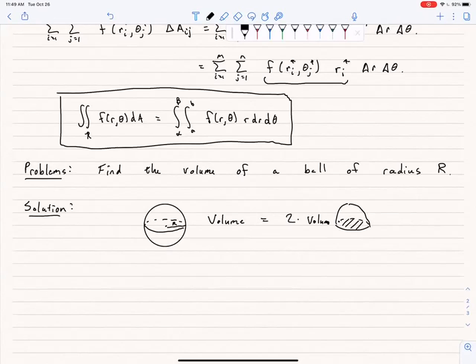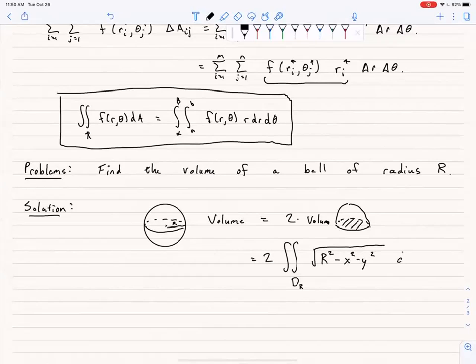The upper half ball is a region trapped between a function and the xy plane. So this is equal to 2 times the double integral over this disk of radius r, call it D sub r, of the function, which is essentially the function for the sphere, it's the square root of r squared minus x squared minus y squared.